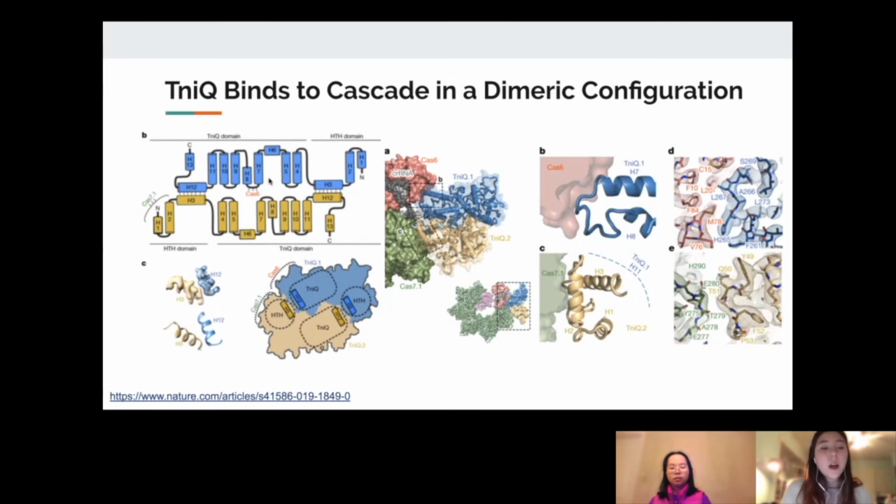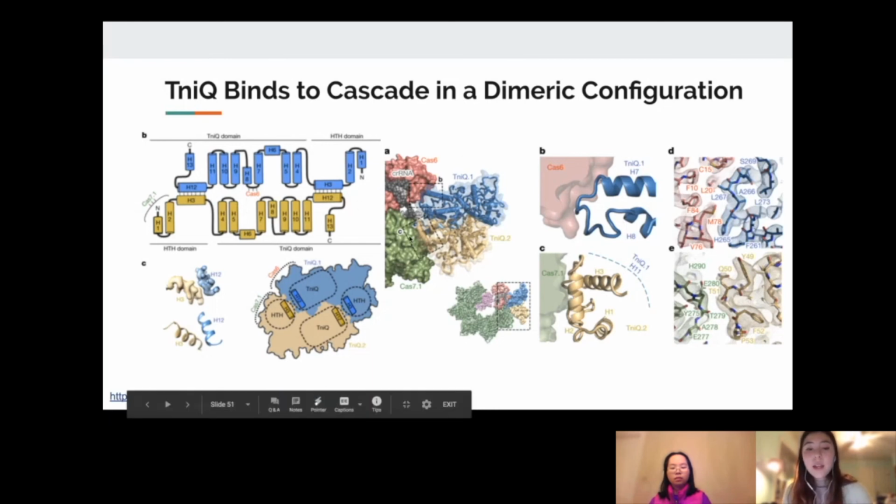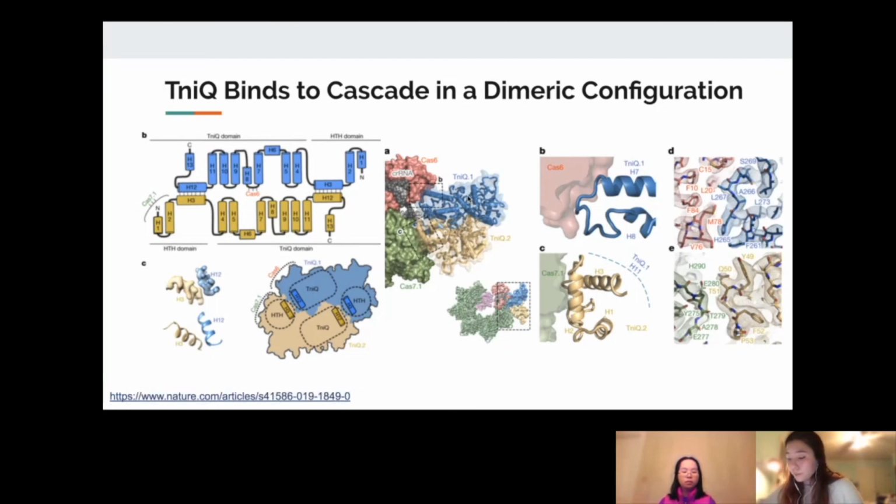We can also see on this diagram where Cas6 and Cas7.1 can bind the TNIQ domain. A better picture of this is on the right-hand side, where we can see that the TNIQ1, represented by the blue, in its dimer with the TNIQ2, represented by the yellow, fits into the Cas6 and Cas7.1 that are holding the CRRNA.